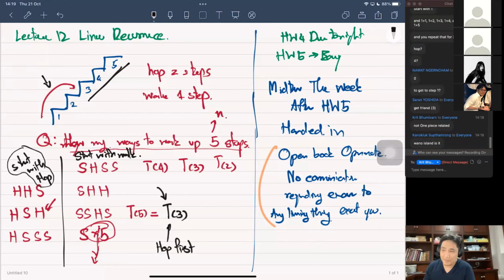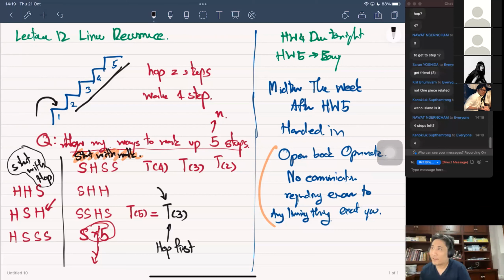So how about this question? If you start with a walk, that means you walk up one step. How many ways are there? If you start with a walk, how many ways are there? 4 steps left.